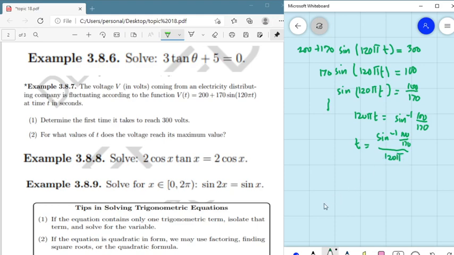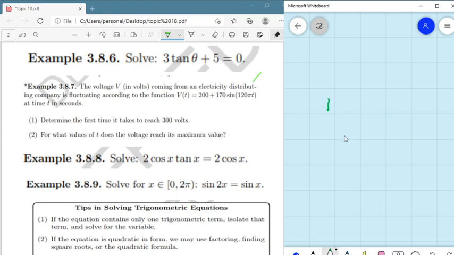Okay, using your calculator, the answer would be approximately t is approximately 0.00167 seconds.